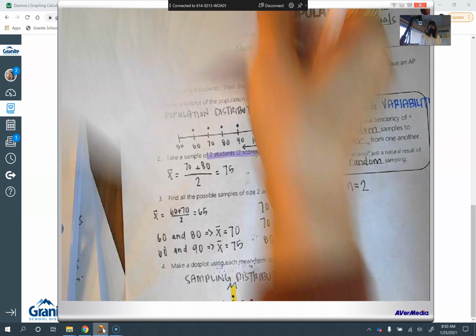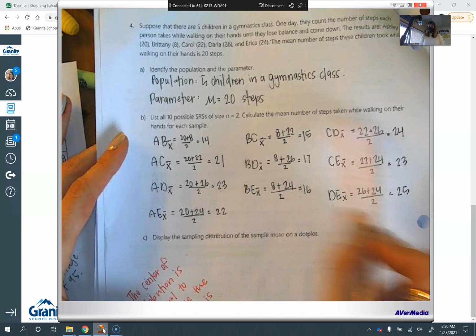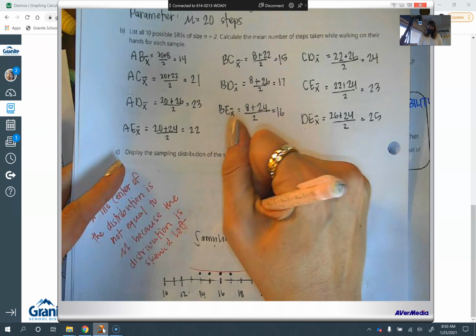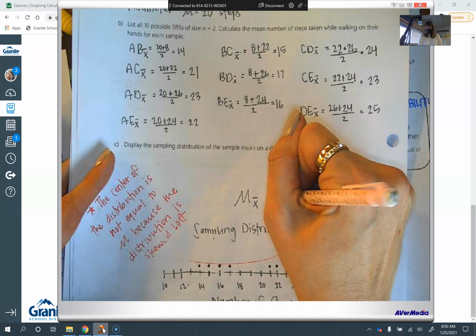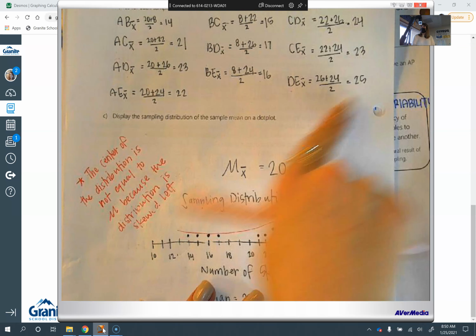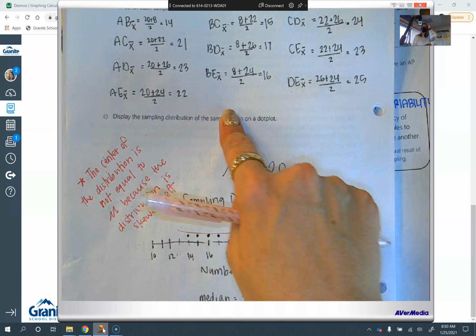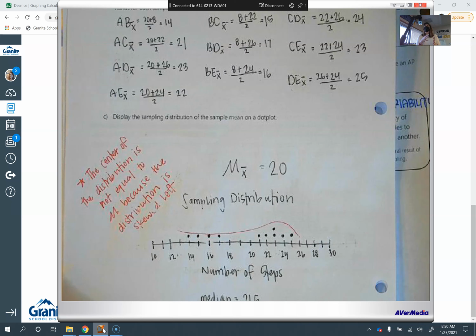That means I would need to go through and average out these 10 values. And I did. The average of these samples is 20. If you add up these 10 values and divide by 10, you get an average sample of 20.